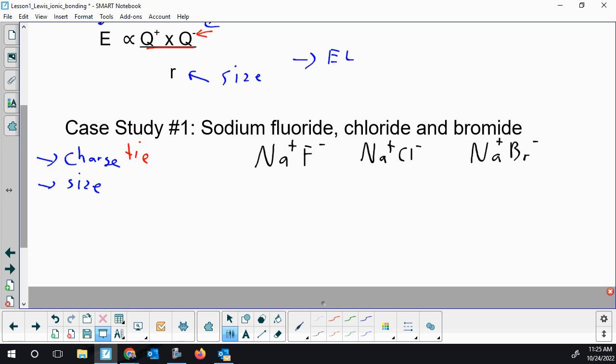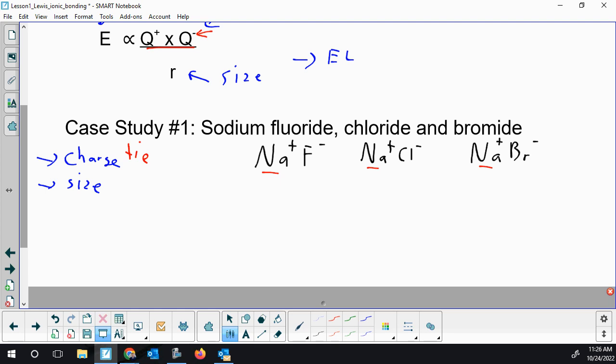The sodium is the same ion in all three examples, so we don't care about the sodium part. We've got to look at the anion. We've got fluoride with 2 energy levels, chloride with 3, and bromide with 4. I'm just using its position in the table to get the energy levels. Fluorine has electrons in the second, chlorine the third, bromine in the fourth.